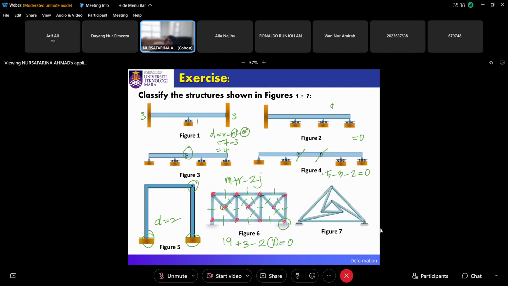Okay, the last one, figure 7. Where is Mio? Not here, didn't come. I can't hear your voice, Mio.